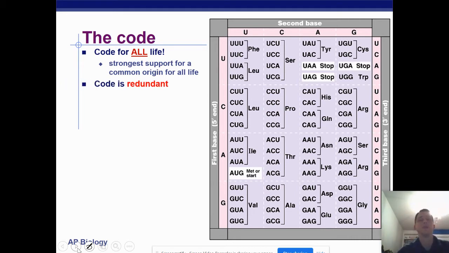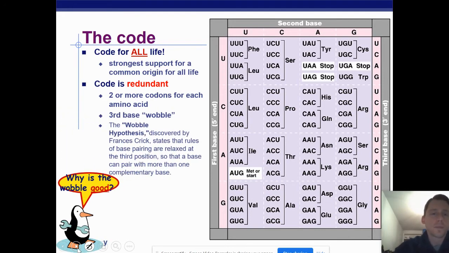The code is redundant. This means that the code can be repeated in some examples, which we'll talk about: 2 or more codons for each amino acid. This is because of something called a wobble. So let's talk about the wobble. Let's look at serine, S-E-R. Serine is what I'm highlighting in red.